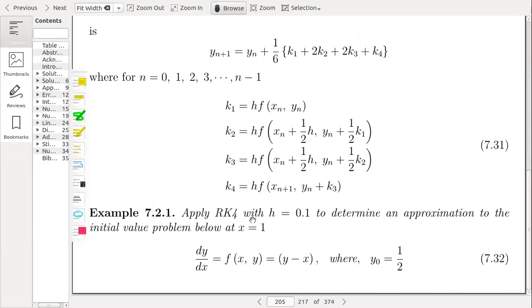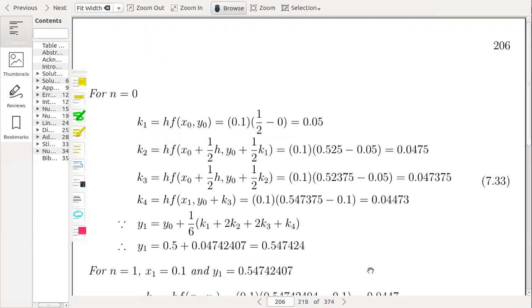Apply RK4 with h equal to 0.1 to determine an approximation to the initial value problem below at x is equal to 1. So dy by dx is equal to f of x, y equal to y minus x, where y0 is equal to 1 by 2.